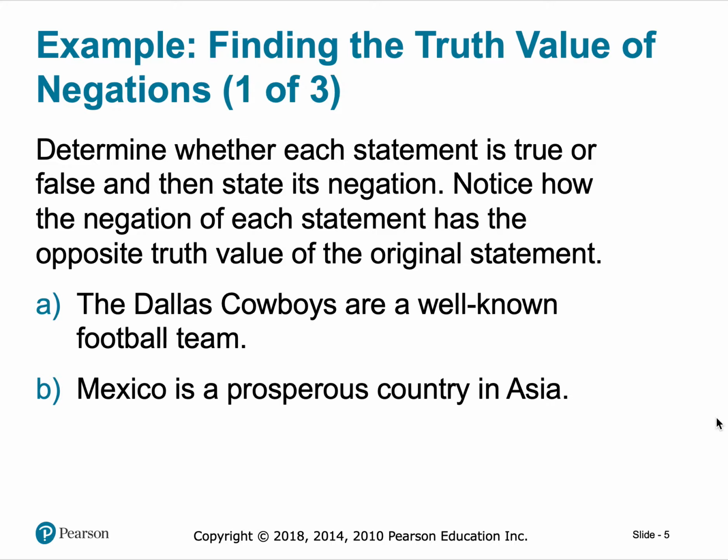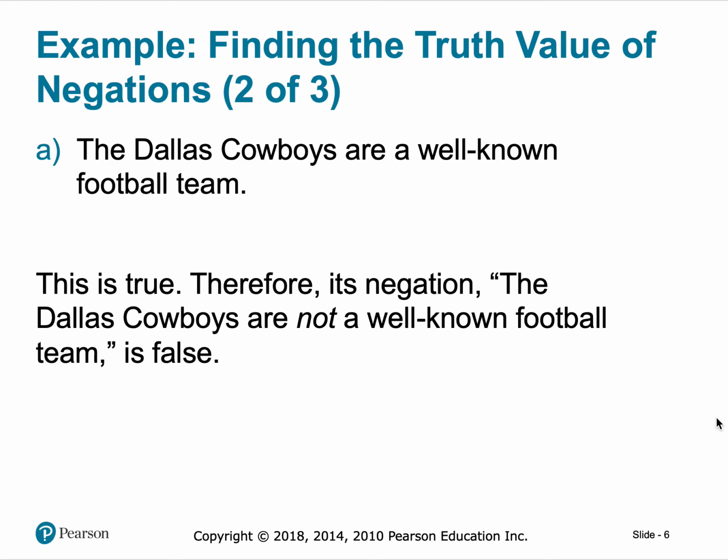How do we use this to make sense of the world around us? Well, if I'm trying to determine if each statement is true or false, and then I want to state this is a negation, we want to notice the change that happens in the phrase. So the Dallas Cowboys are a well-known football team. That's our statement. Mexico is a prosperous country in Asia. That's another statement, not necessarily true.